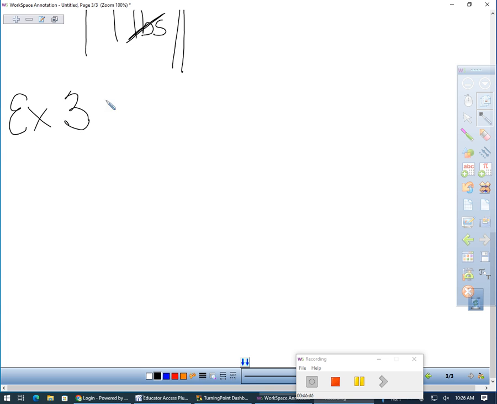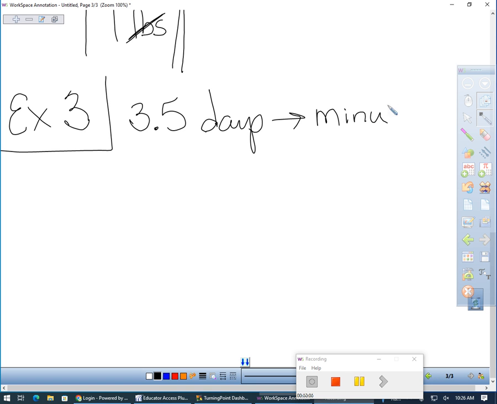Example number 3. Let's say I have 3.5 days. And let's convert that to, how about minutes? All right, so we're going to draw our ladder.